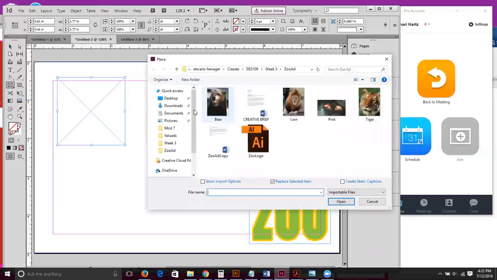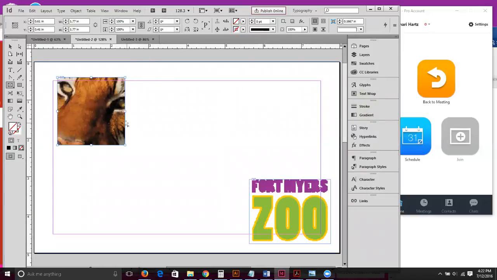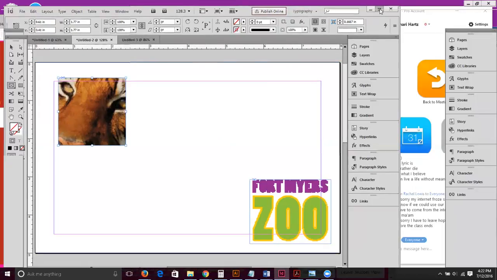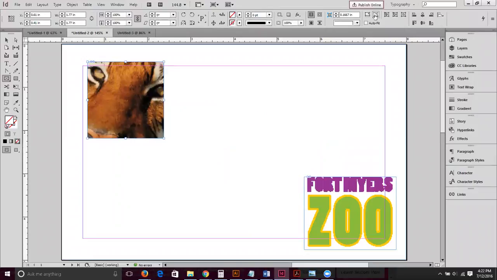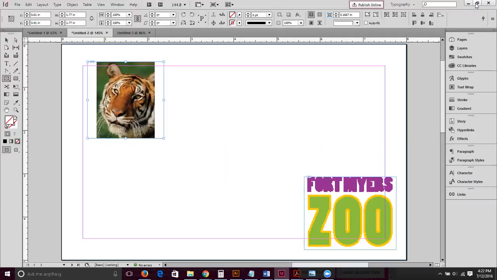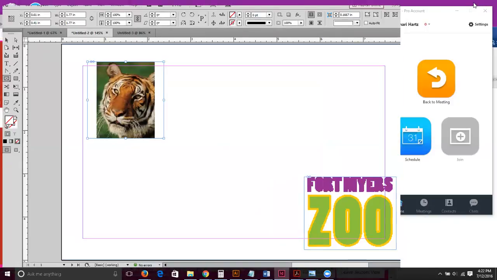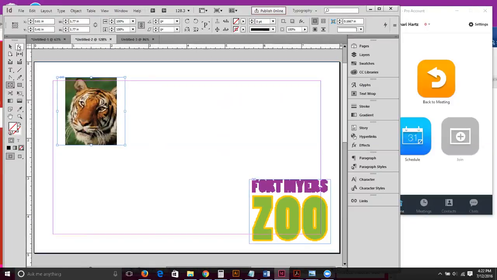I'm going to place my tiger. Mr. Tiger. Okay, so you notice he's really big compared to my frame. Remember up here, if I have this open all the way, I can fit content proportionally. Okay. Then I'm going to use my white arrow tool to select my image.